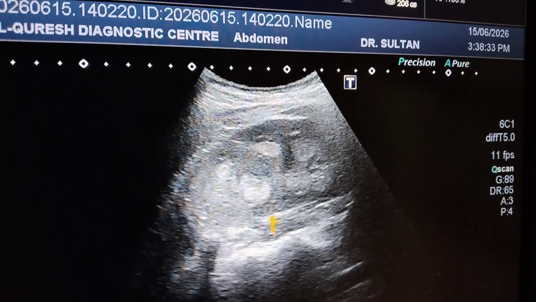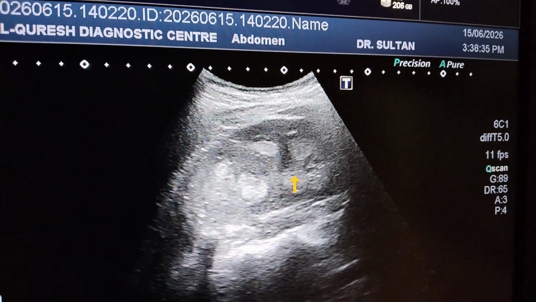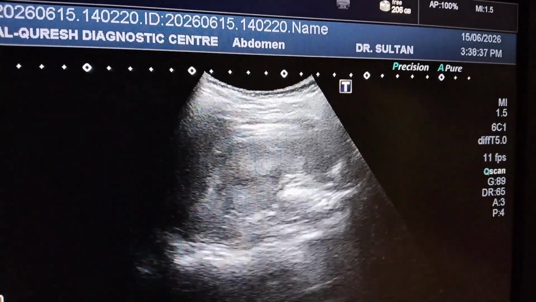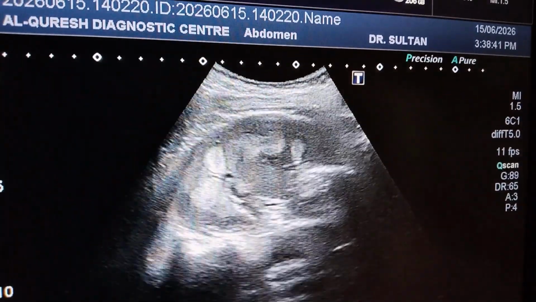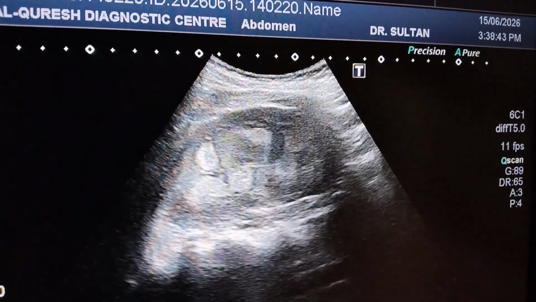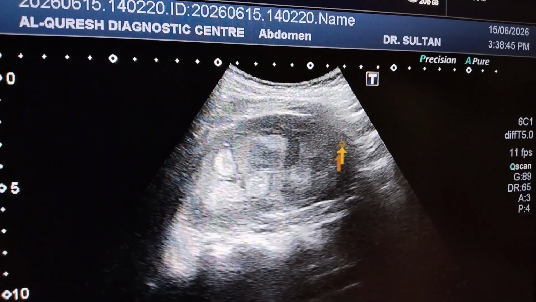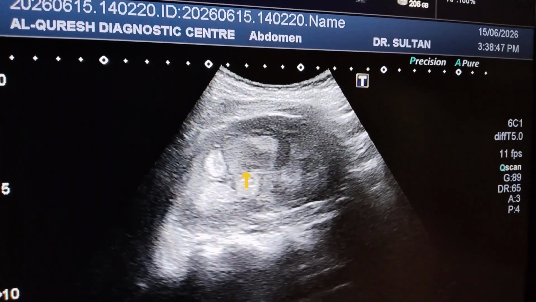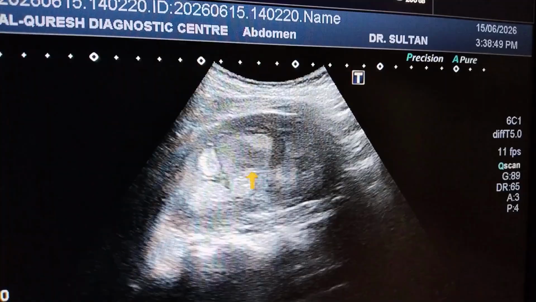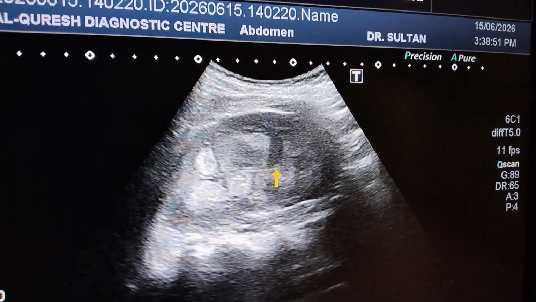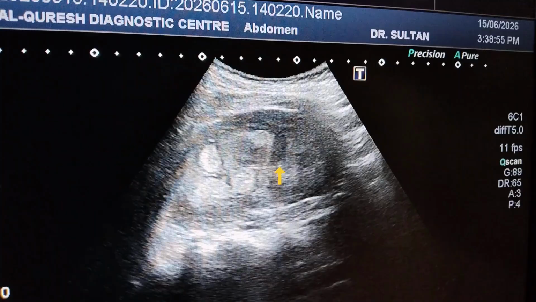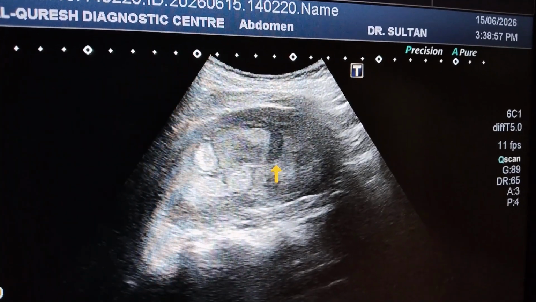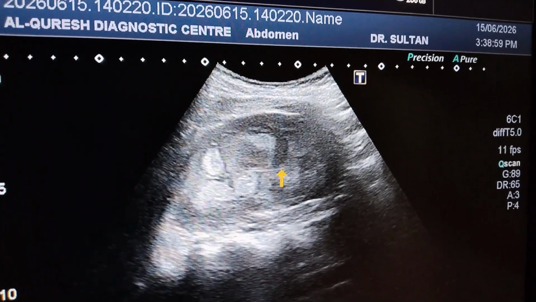And in between the cortex and medulla, here it is not easily appreciated. In between is the central sinus, renal sinus we call it. So these are the normal anatomical detail.